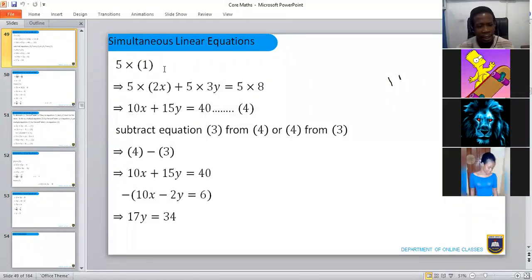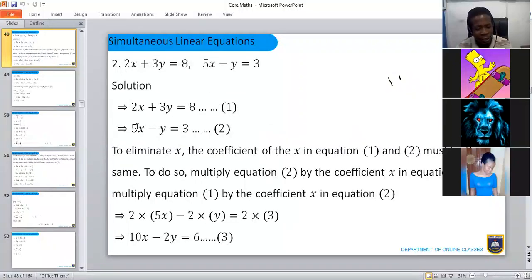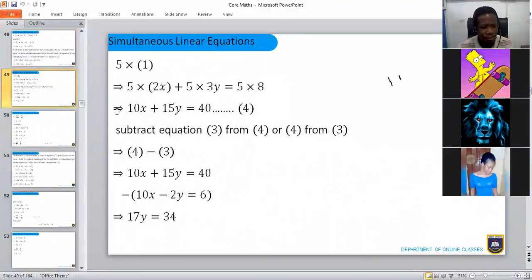And again, we pick 5, which is the coefficient of x in equation 2, and multiply by the whole of equation 1. So that's what is happening down here. We have 5 times equation 1. So we multiply 5 by the whole equation 1.